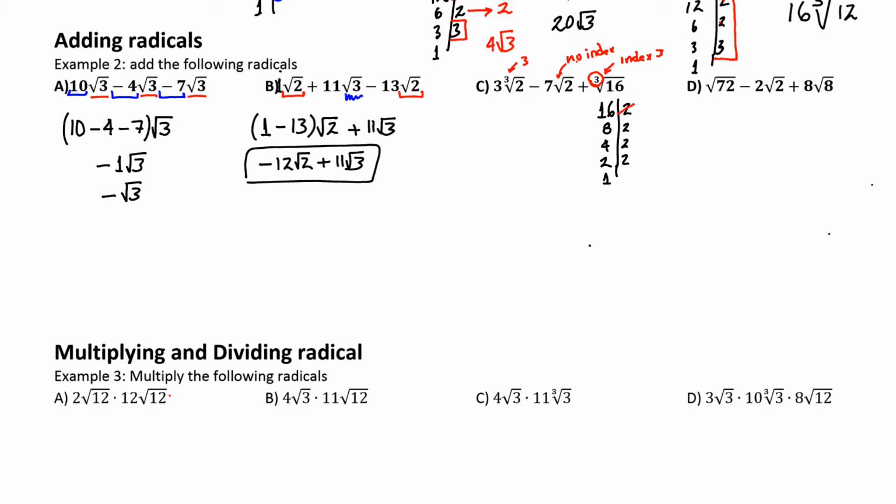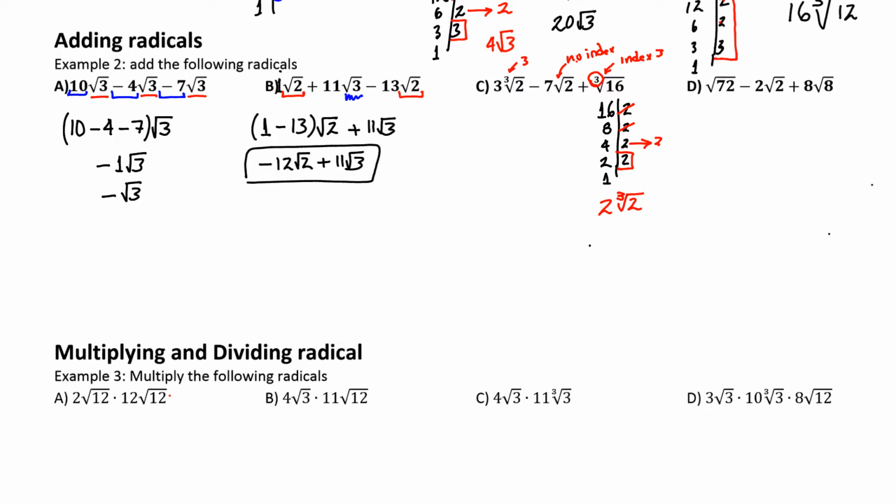So 1, 2, the third one goes out. This one doesn't have any more numbers under it. We don't have the other 2, so it can't get out. So this one has to stay inside the box. Okay, so simplified, the cube root of 16 is 2 cube root of 2.